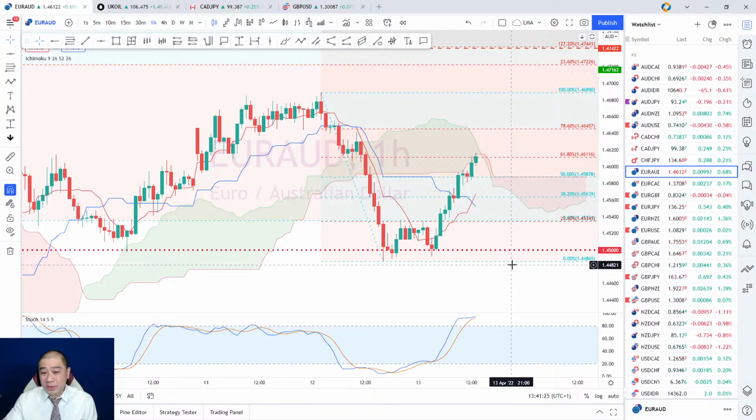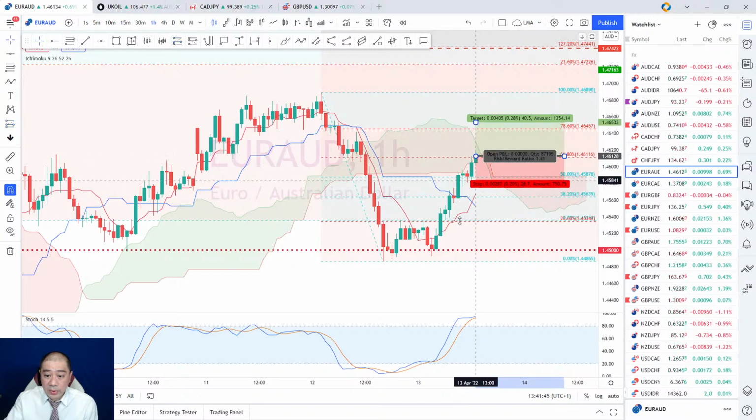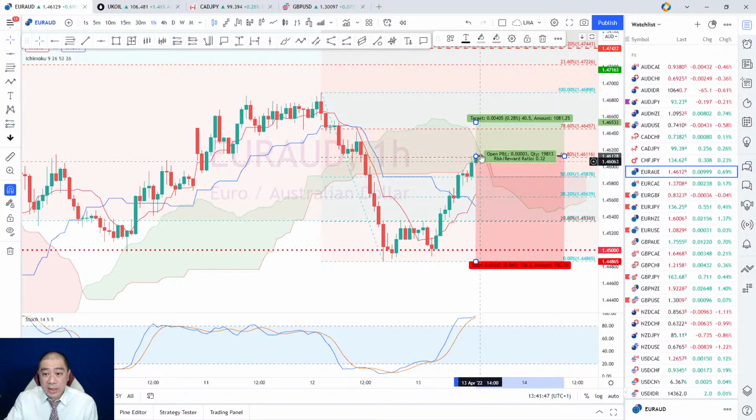I don't know in what context, but from the hourly perspective, I don't think it's a good time to jump in on Euro AUD. We are right in the middle of a correction. We're testing 61.8%, so that's a lot of risk there. If you do want to go long, your stop loss is actually going to be all the way down here, right?